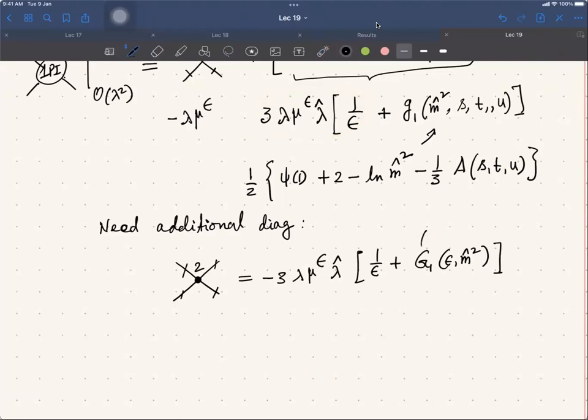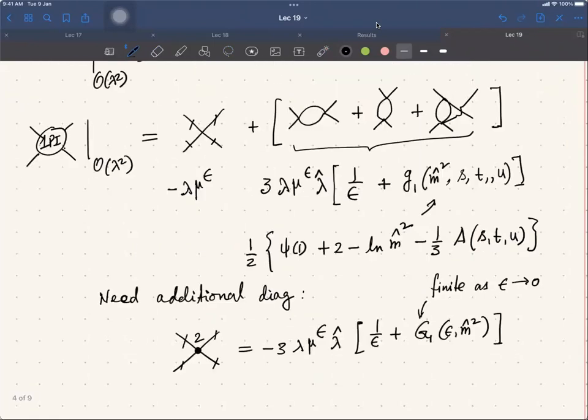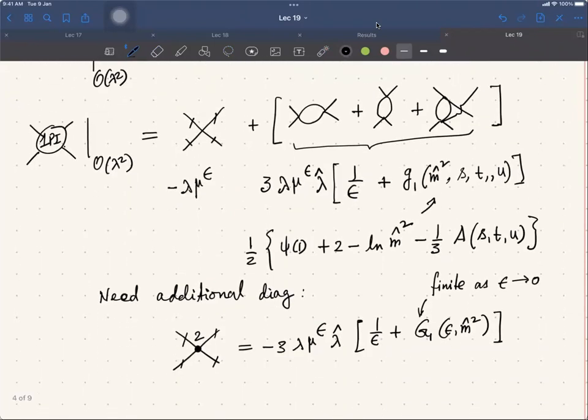This is finite as epsilon goes to 0. So this is a new 4 vertex that we are introducing to absorb this one loop divergence.